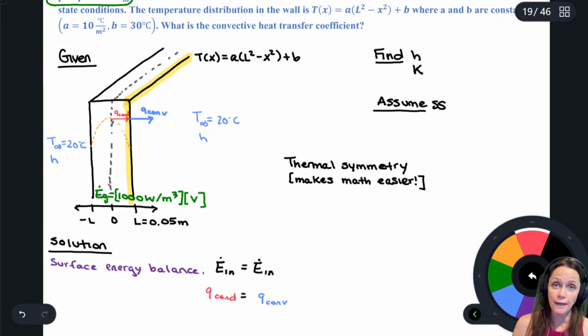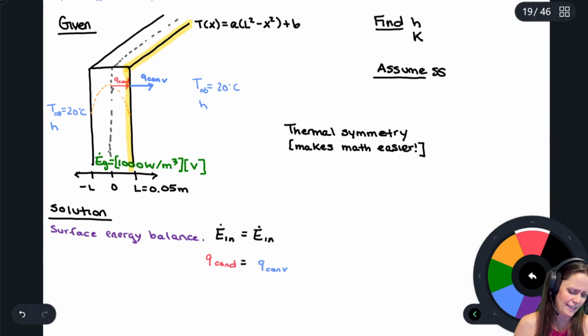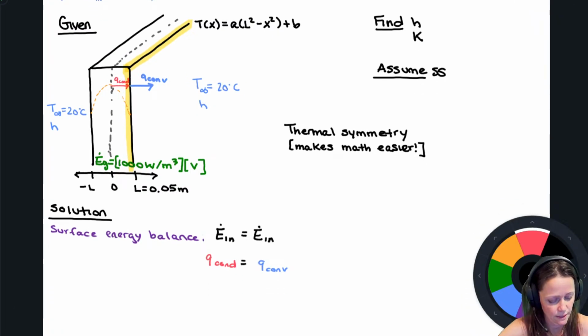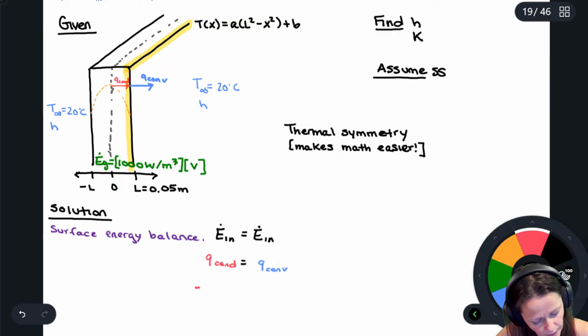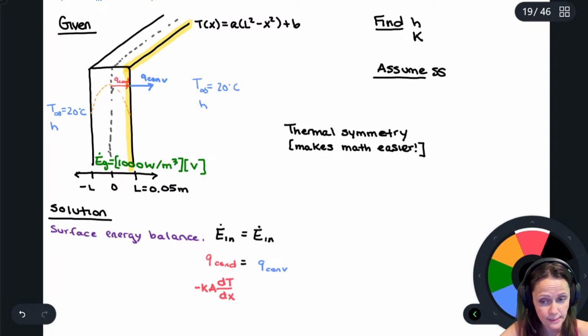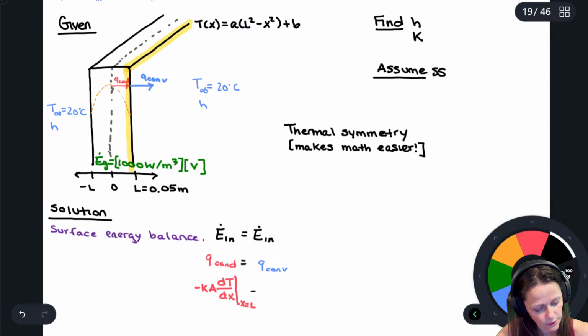All right, q by conduction, perfect. So this would be negative k A dT/dx, and this is dT/dx at x equals L. I have to define that.